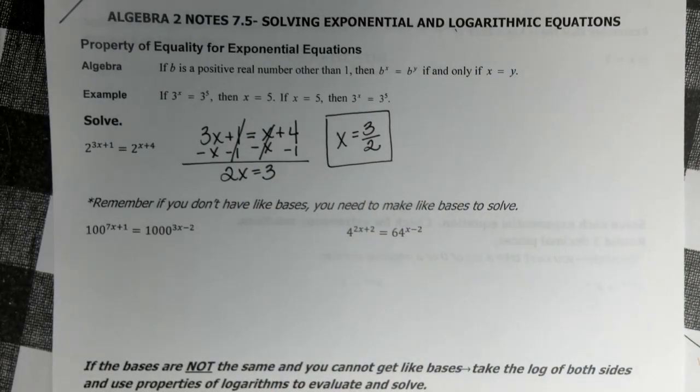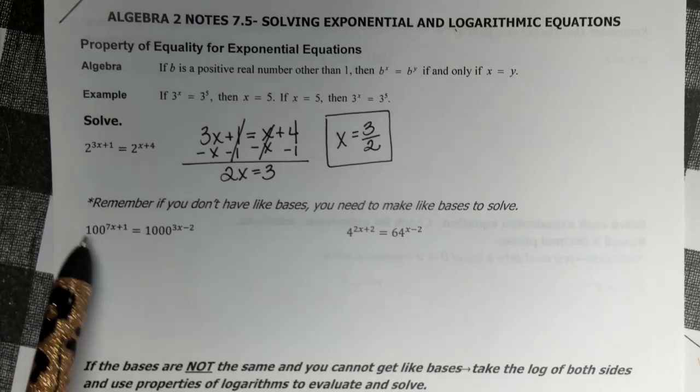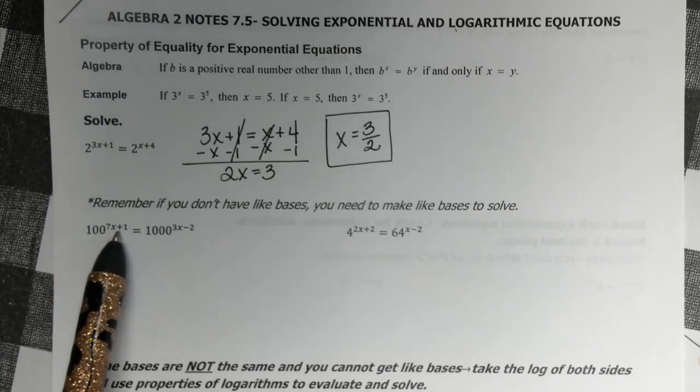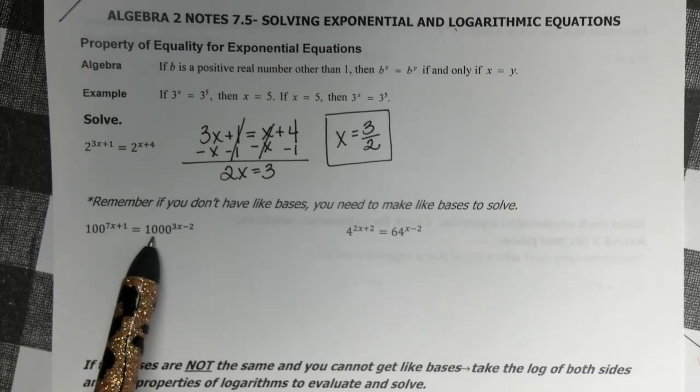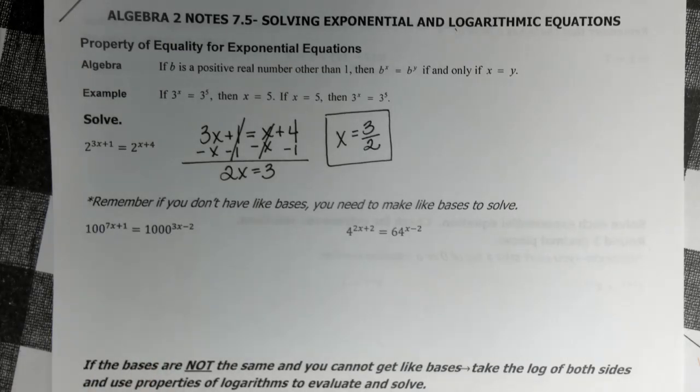Okay, so in 7.3, we manipulated bases so that we would have like bases. So if I have 100 raised to the 7x plus 1 power equals 1,000 raised to the 3x minus 2 power, what can I get those bases to become? A 10.